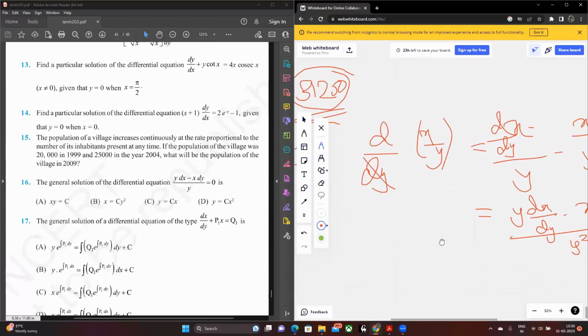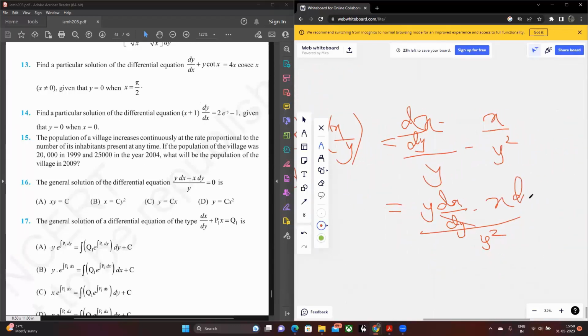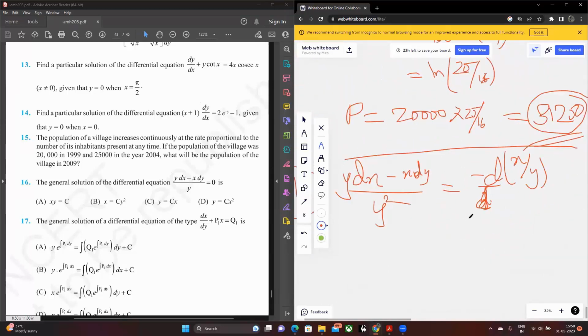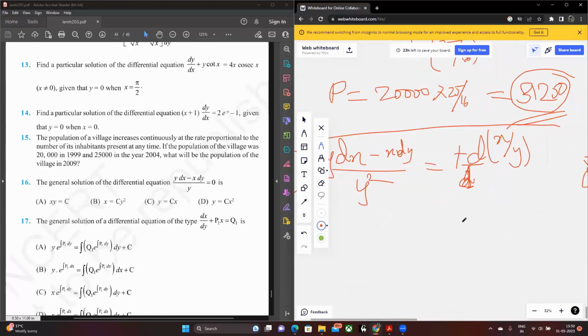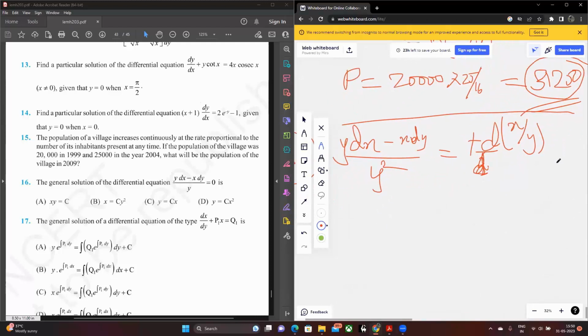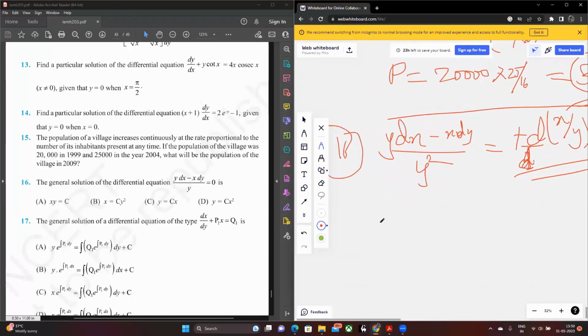Bringing the dy over here, we get y dx minus x divided by y squared. Therefore, y dx minus x dy divided by y is basically y into d of x by y.